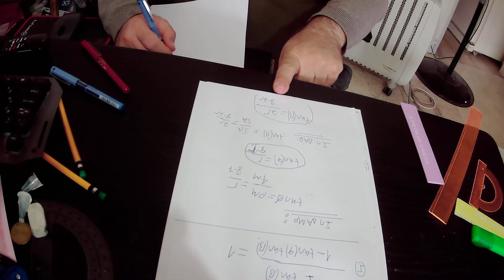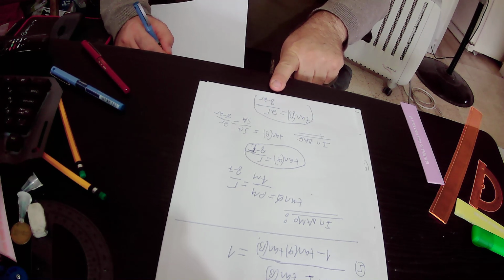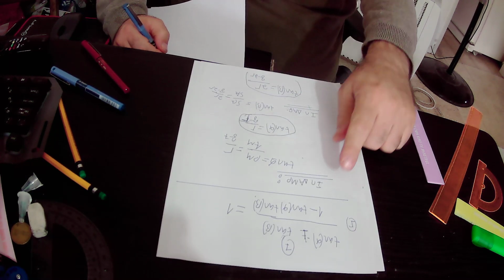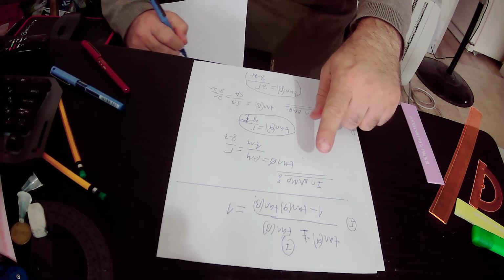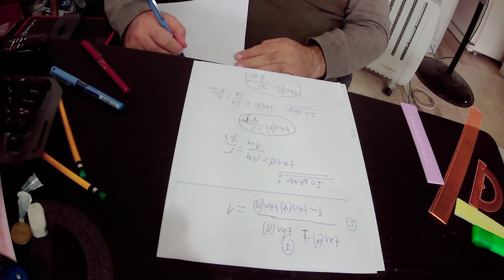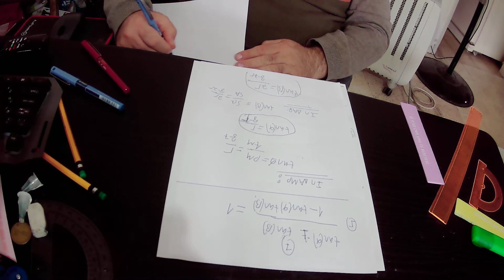The value of tangent beta is 2R over 8 minus 2R. And we must divide all by 1 minus tangent alpha, that is actually R over 8 minus R times 2R over 8 minus 2R. So, and all equals 1.